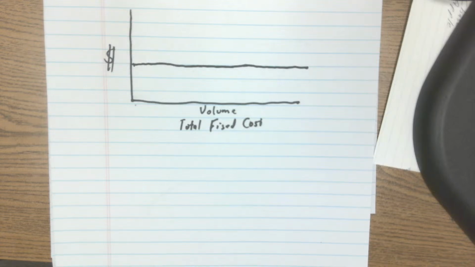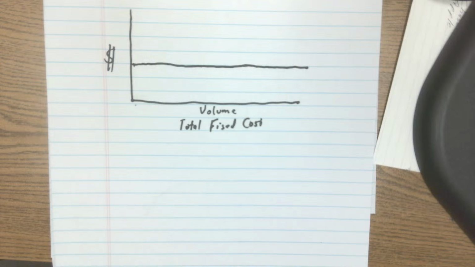So, if my capacity is 10,000 units in a month in a factory, and I'm normally selling between 3 and 6,000 units, six on the high side, three on the low side, my lease on that building is pretty much fixed, or my property taxes are pretty much fixed. That's not going to change in one accounting period.